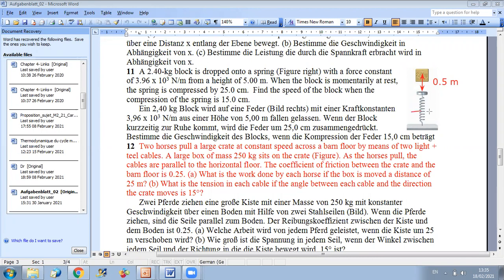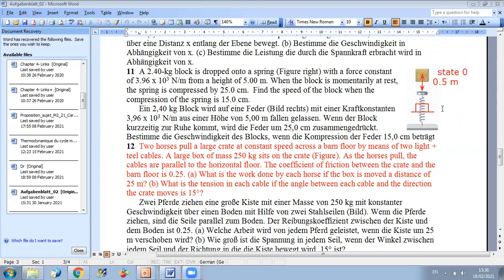So, after a certain compression, the block will have a velocity of zero, and then it will start to return back. They said that when the block is at rest, so when it stops, the compression is 25 centimeters. So at the final state, if you want, we can say this is state zero.